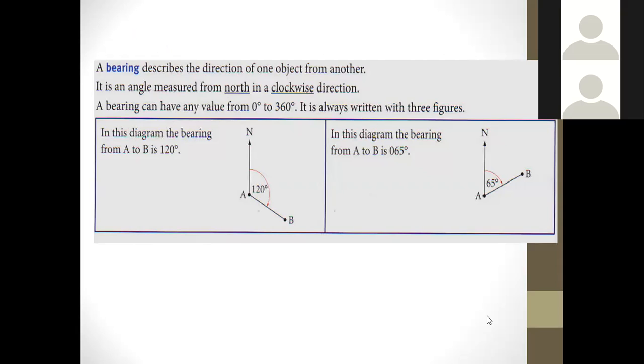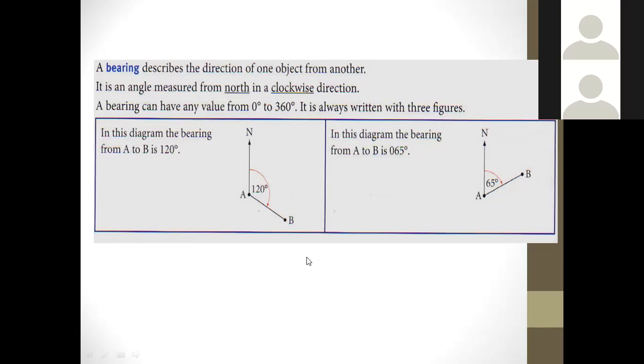For example, if I am at point A and I want to describe the position of point B from A, I always start from point A, which is the center, due north, and always in a clockwise direction. We must always start from the starting point, due north, in a clockwise direction.